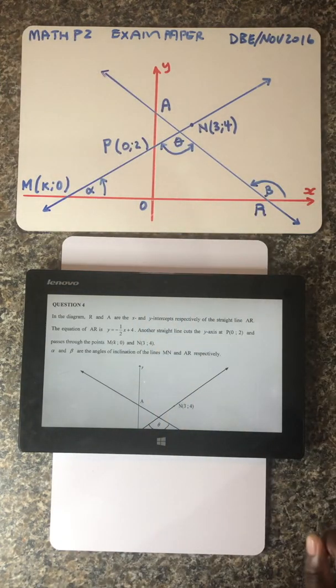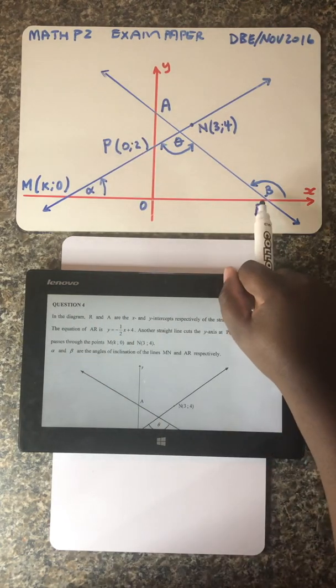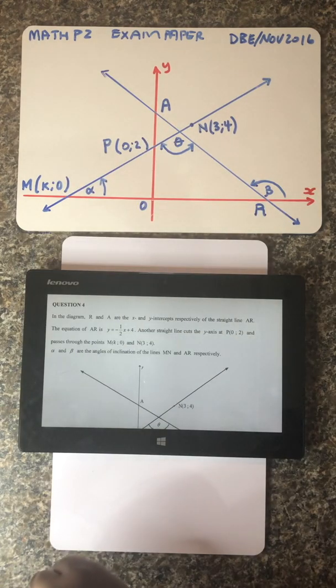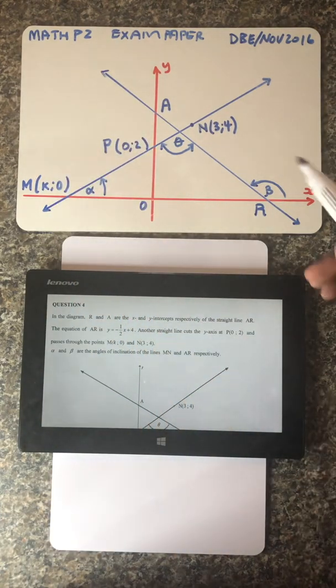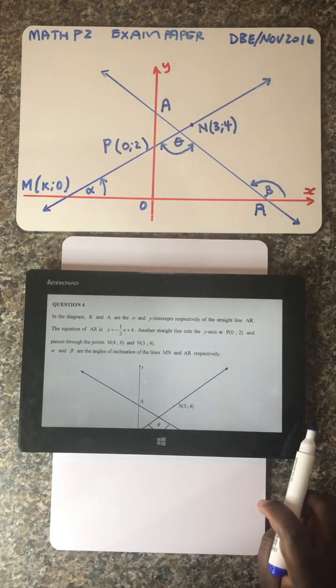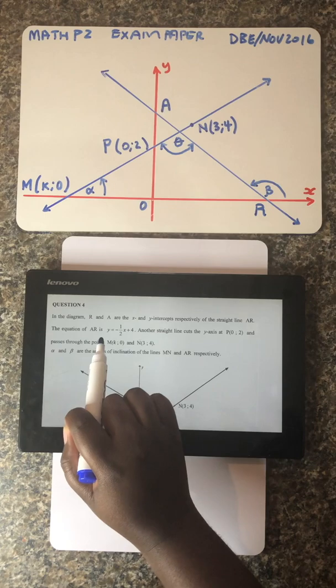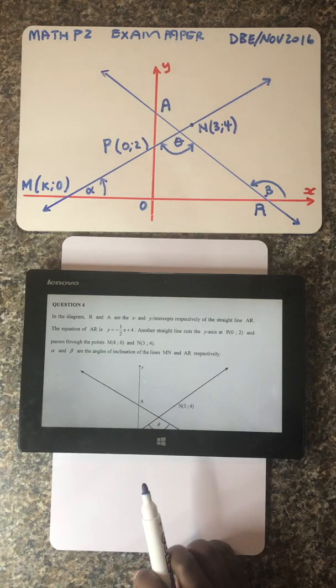R is the x-intercept and A is the y-intercept of the straight line AR. So the equation of AR is y equals -1/2 x plus 4.